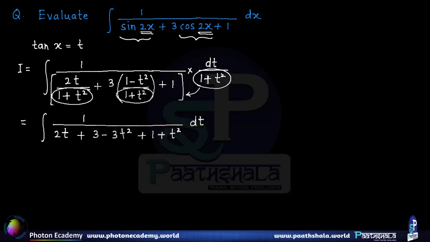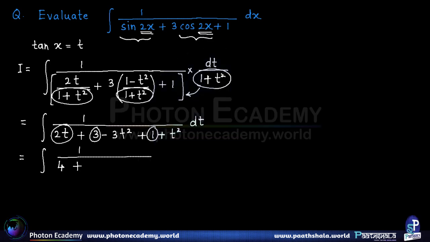This in turn gives us 1 upon: the constant terms are 3 and 1, so that is 4, then the term in t is plus 2t, and the square term is minus 3t square plus t square, that is minus 2t square, dt.